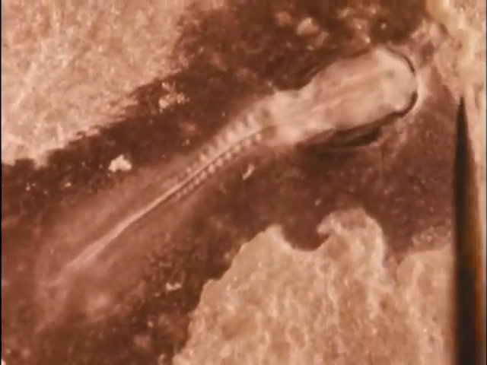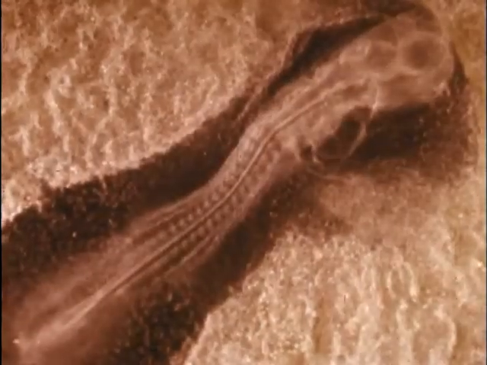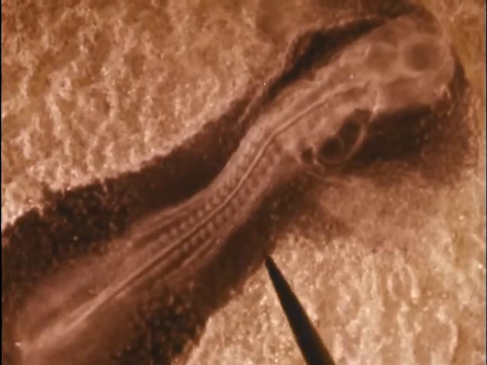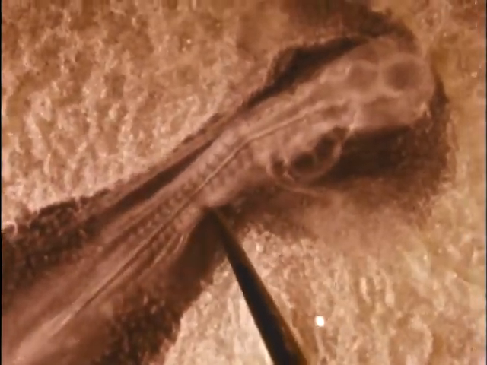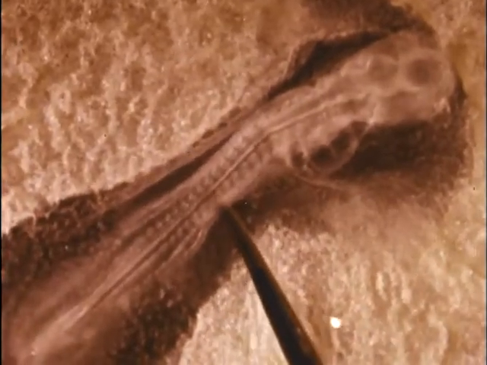The head fold progresses rearward and becomes continuous with the lateral body folds, which undercut the embryo from both sides. During the 3rd day, a tail or caudal fold undercuts the posterior end of the embryo.